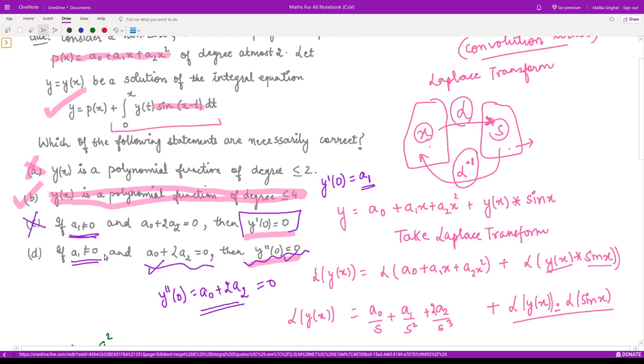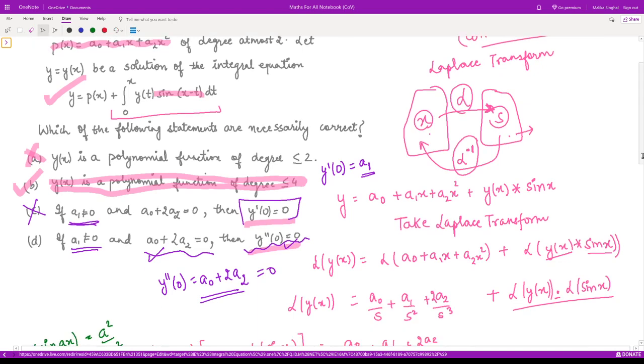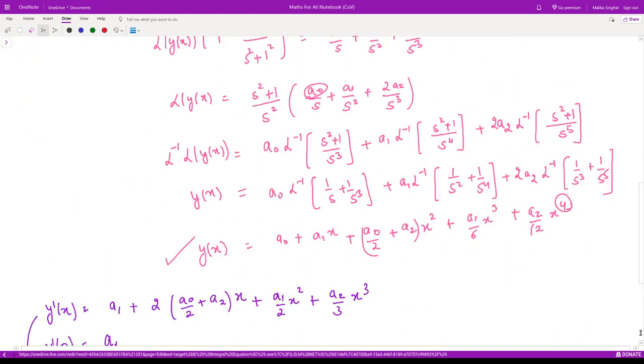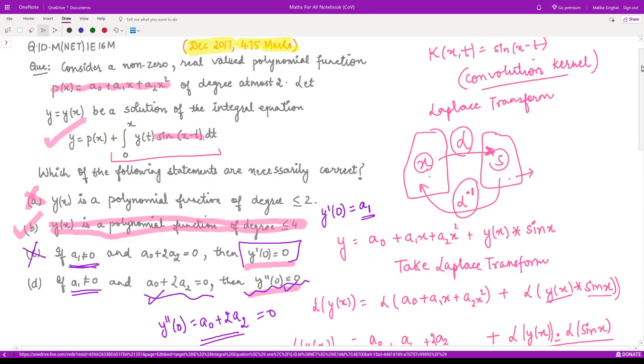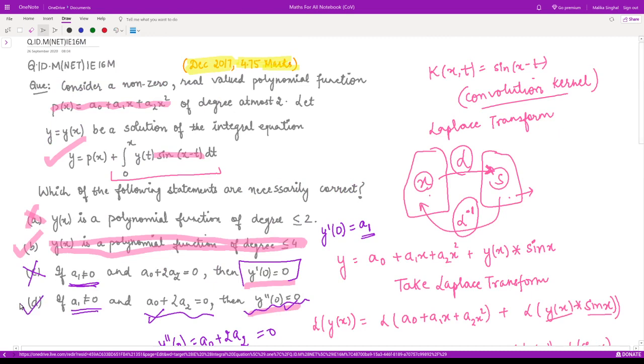Moreover, they are saying a1 is not equal to 0, right? So it is not making any difference here. So this option is correct. Option D is correct. So the correct options are option B and option D. That is it for this video. Thank you.